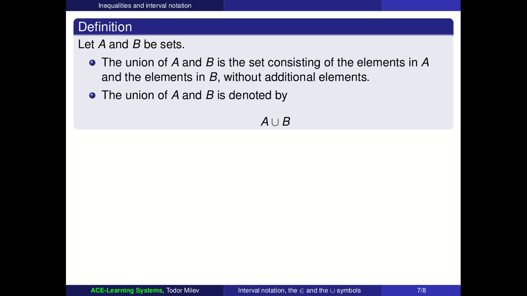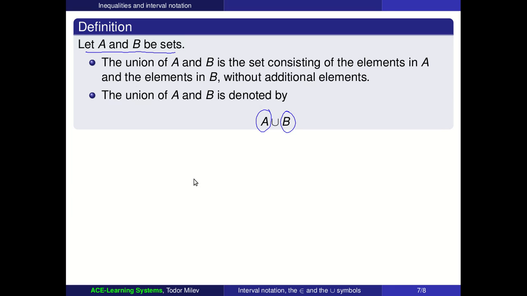In this slide, we're going to very briefly cover the definition of the union symbol. This symbol here is called the union symbol. So we're going to very quickly define that symbol. Let A and B be two sets.